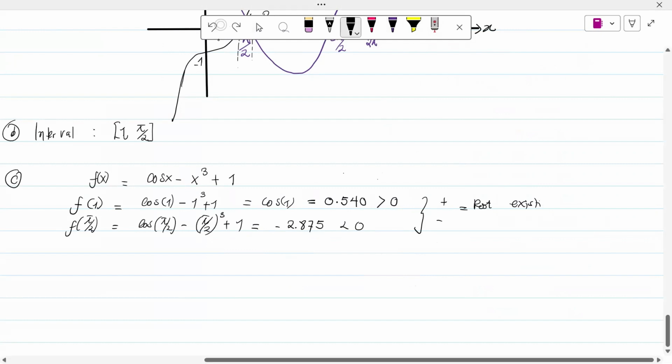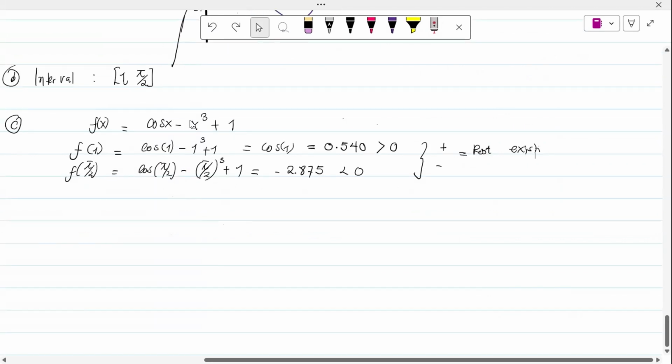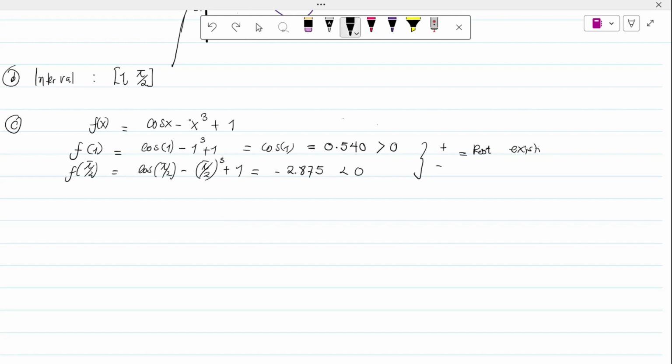With that information, we can now find what that root is by doing iterations. But we're not told how many iterations we're supposed to do, are we? No, we're not told. So first of all, you have to find the P naught. Some start from P1, it just depends if you want to start from P1 or P naught.